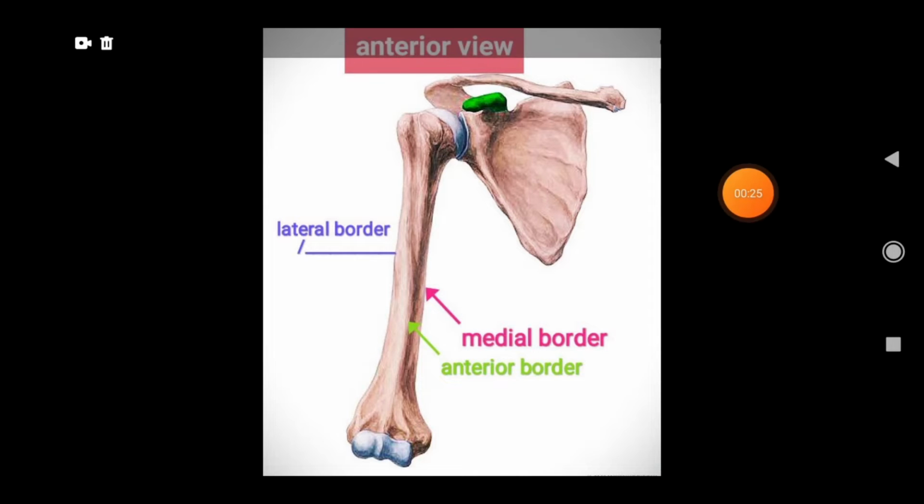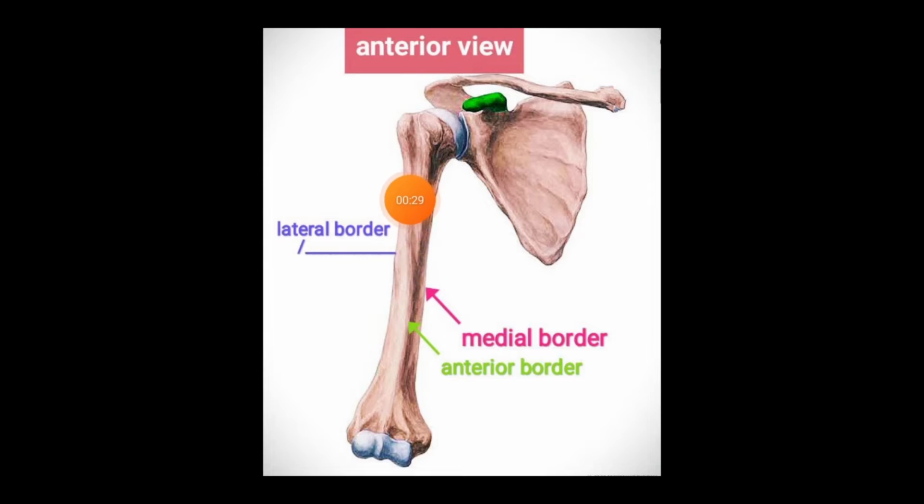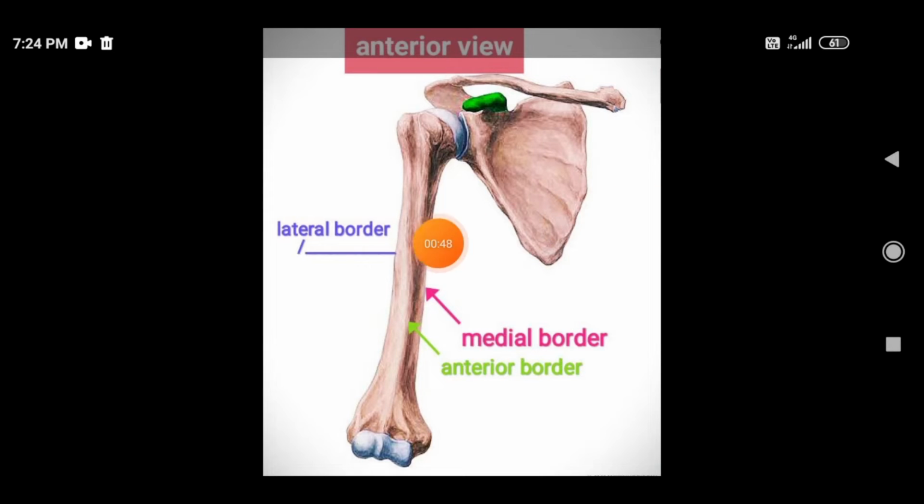The upper one-third of the anterior border forms the lateral lip of the intertubercular sulcus, and its middle part forms the anterior margin of the deltoid tuberosity.